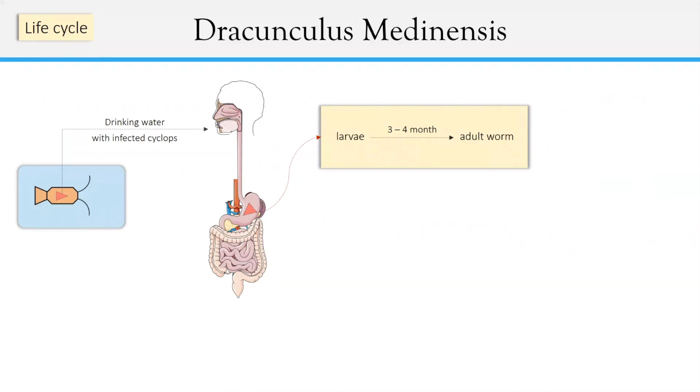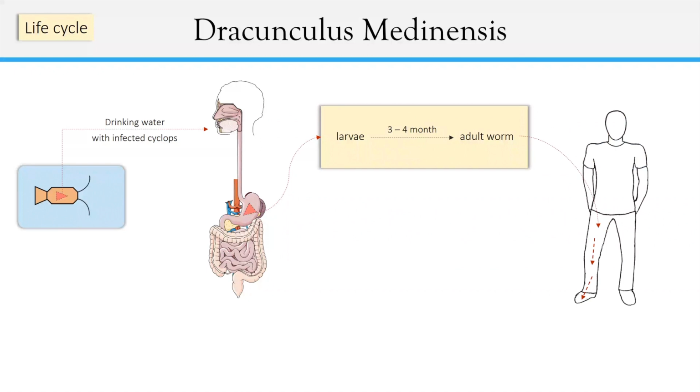What will this parasite do next? Next, it will migrate under the skin, typically to the legs, because there is a higher probability of further contact with water. When the parasite reaches its final destination in the legs, under the skin, it will release toxins, and this toxin will cause a blister on the skin.